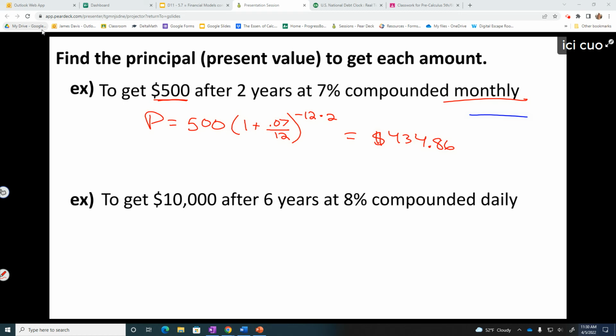Should be 10,000 times 1 plus 0.08 divided by daily, that's 365, and negative 365 times 6.